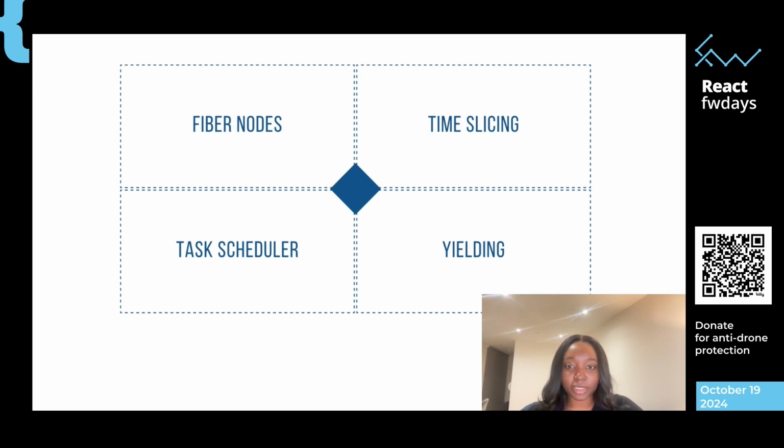And then finally, yielding. So again, all of these work in tandem, right? So they're not entirely separate. So yielding is essentially the act of yielding control back to the browser in that time when React has paused this rendering because there's a higher priority task. So if a task is a high priority task, such as a user interaction, or if the task is becoming expensive, the scheduler will basically yield control to the browser, which means that it's saying, hi browser, handle this task.